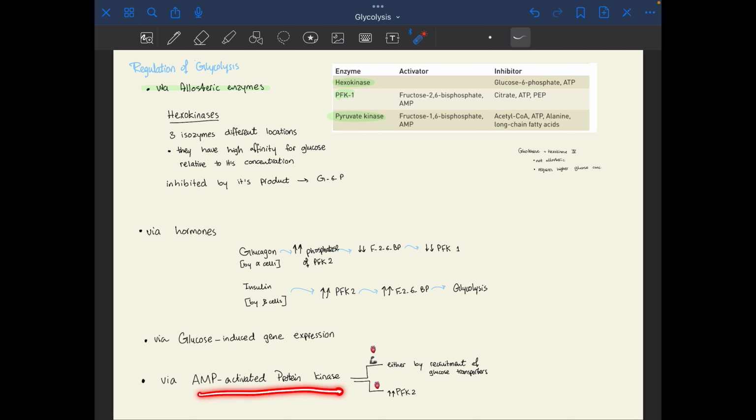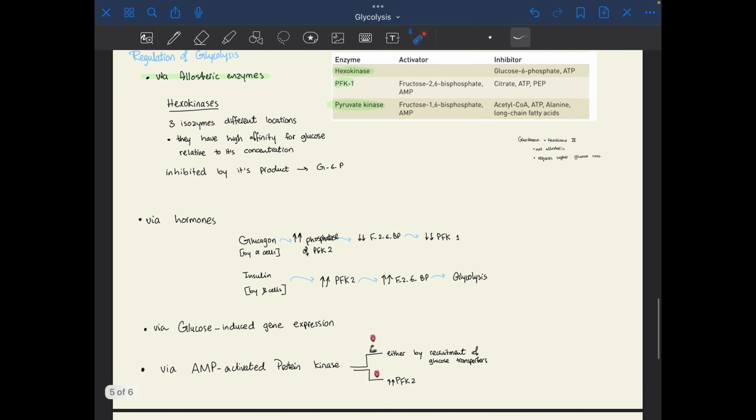kinase. Okay, so to begin with the last one, AMP-activated protein kinase: in skeletal muscle and heart, we will have the recruitment of glucose transporters to the plasma membrane. Okay, in the heart we will have activation of phosphofructokinase 2.